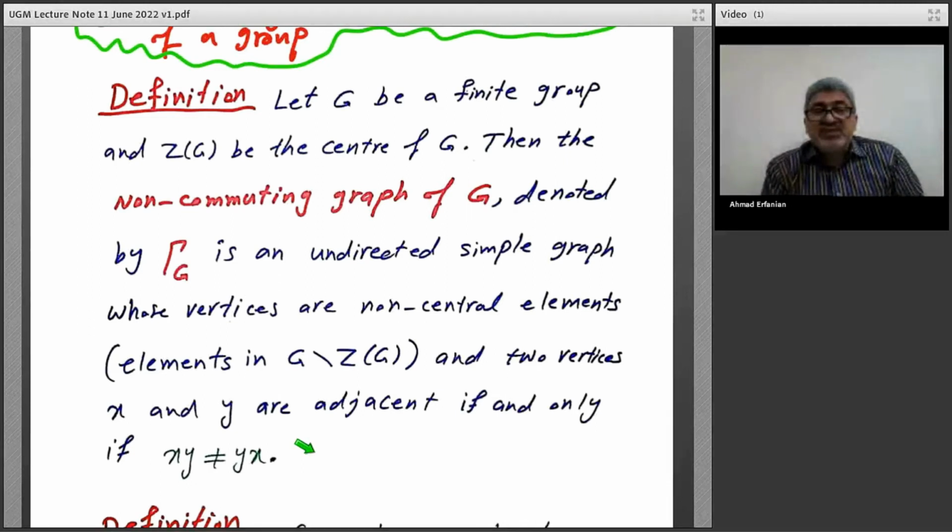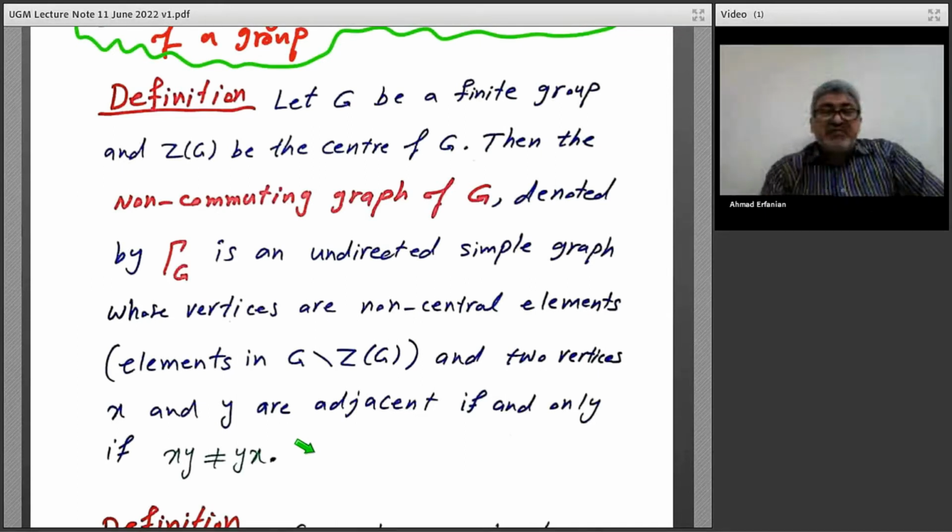You may read some graph theory book and see some definitions of important concepts of graph theory. We don't have time to give a background on graph theory.